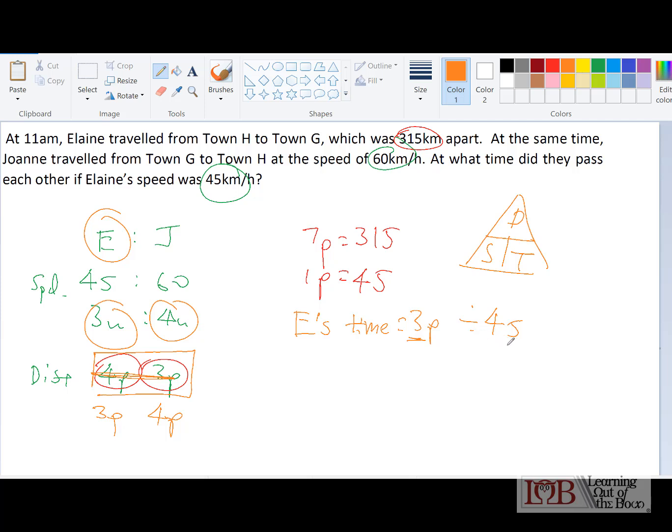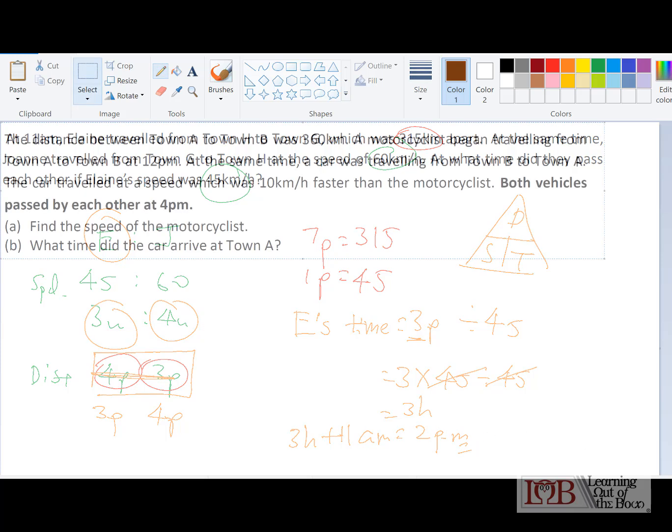Sorry, distance over speed. Okay, so in this case, we have 3 times 45 divided by 45. Okay, so cancellation for both will be 3 hours, and then you have the time taken will be 3 hours plus 11 a.m., which is 2 p.m. And this is the answer.